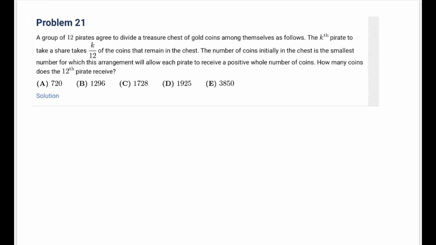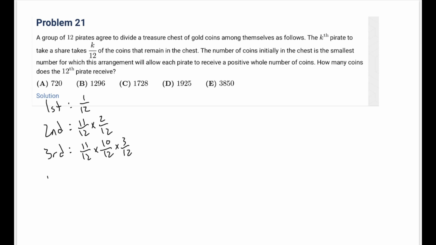Okay, so the first pirate will take 1 over 12 of the whole thing, and then the second will take of what's left, so 11 over 12 is left, and then the second pirate will take 2 over 12 of that. Third will take 11 over 12 times 10 over 12 times 3 over 12. The fourth will take 11 over 12, 10 over 12, 9 over 12, and then 4 over 12, right?